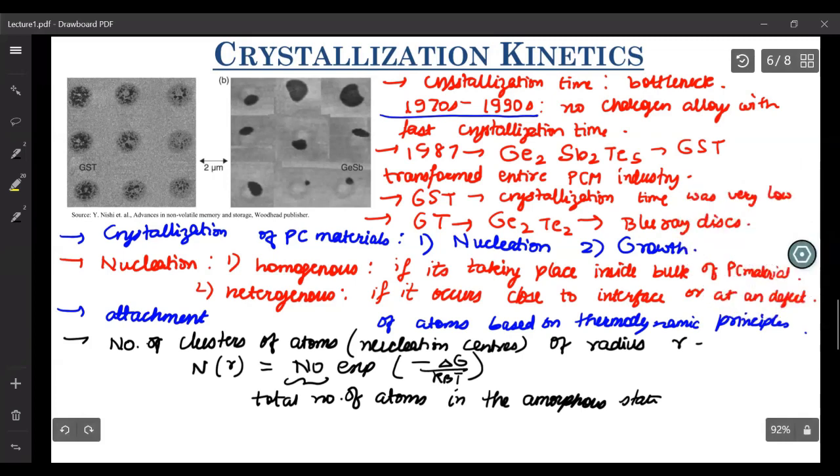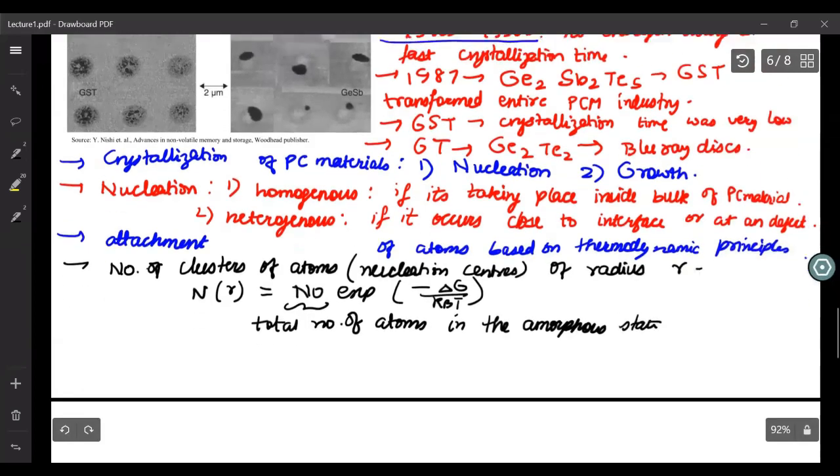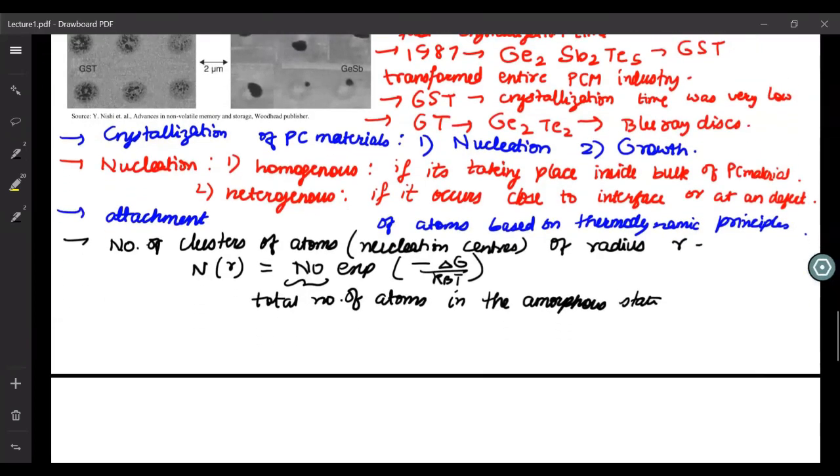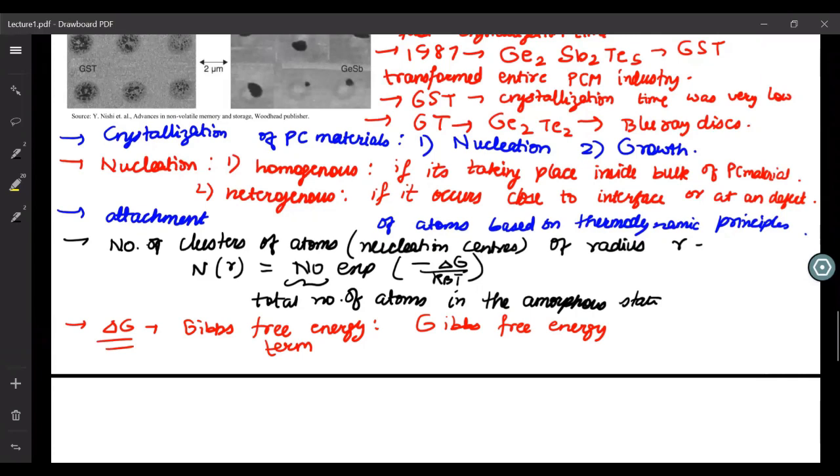Now let me discuss that Gibbs free energy term as well, because that is really important. That delta G term is the differential Gibbs free energy, and it comprises two components.